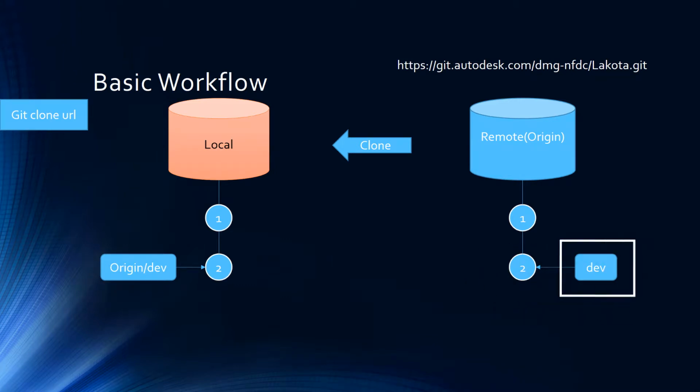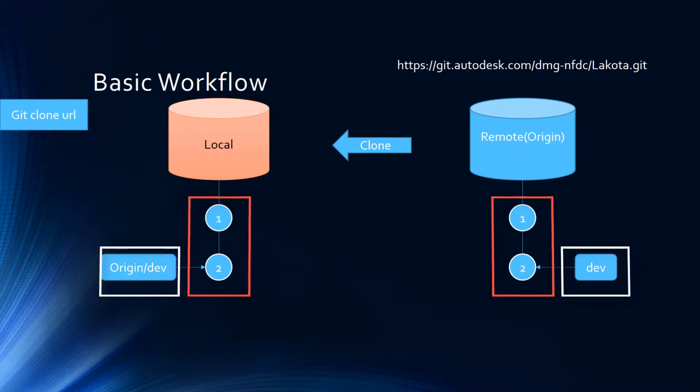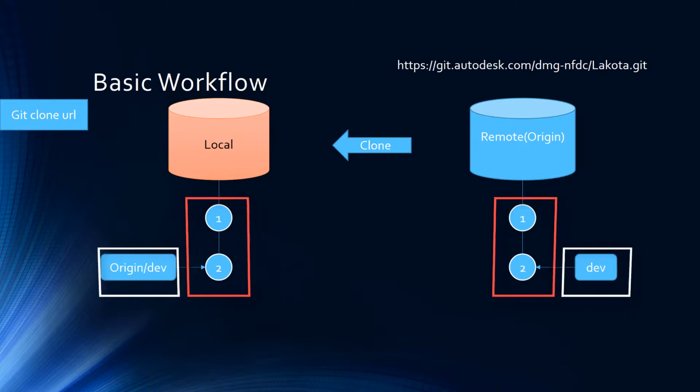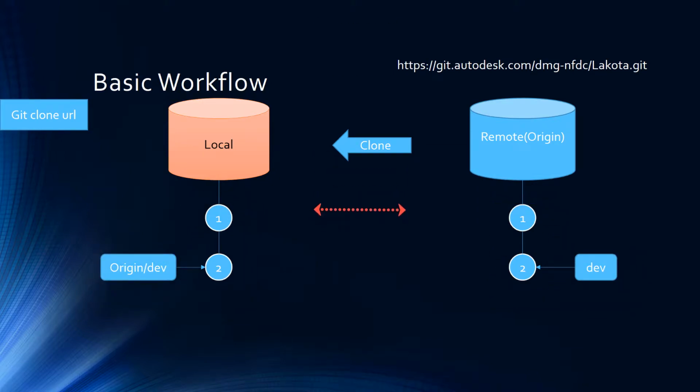The two commits are managed by a dev branch. After you clone the repository, you also get two commits and an origin dev branch, which is to sync the remote repository dev branch. We will explain in more details about the origin dev branch, so don't worry about that.